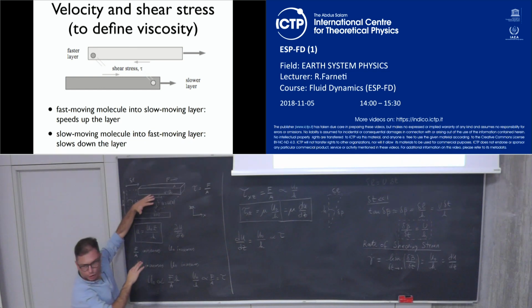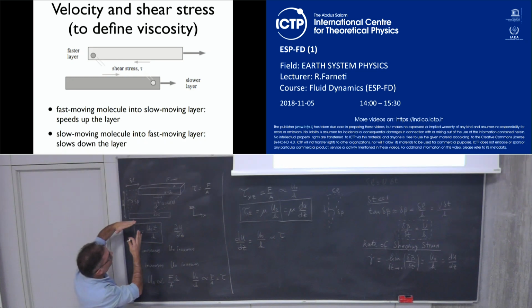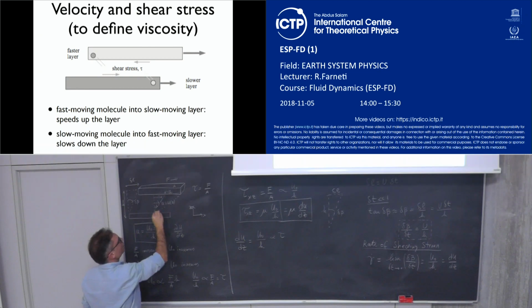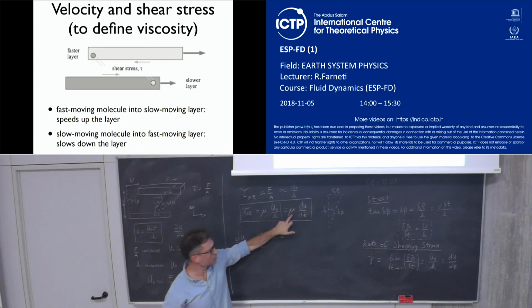If you use the same shear stress on honey, you will deform honey not as much as water, and you will create a velocity gradient, for example, like this, and not like this. So the velocity gradient will be smaller with the same shear stress, and that's because this constant of proportionality has changed. Okay?